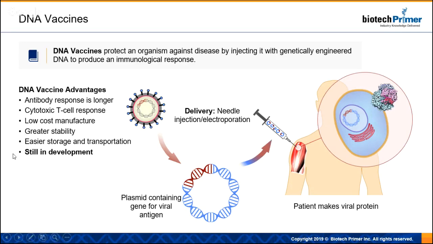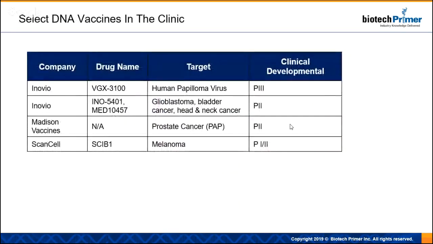So these are just some of the reasons that we are pursuing DNA vaccines. And this gives the name of some of the vaccines that are being pursued using this technology.